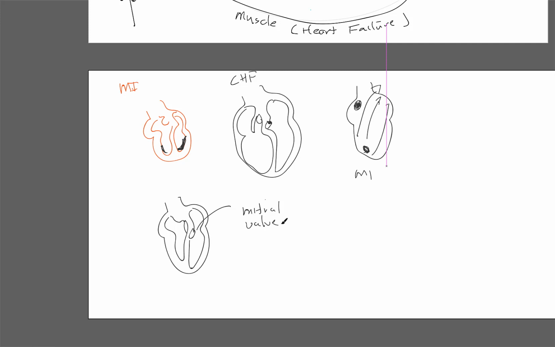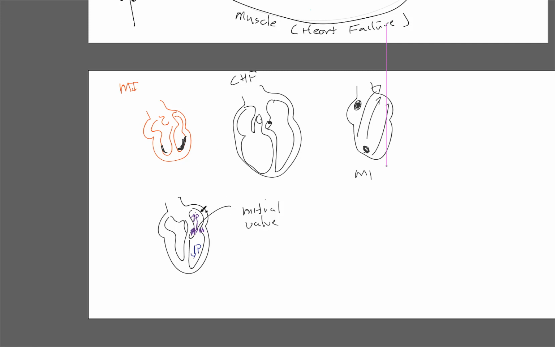It seems like a small thing, but it's not a small thing if you understand the purpose of the valve. So first of all, if this pinches because there's stenosis, then that means it's hard for blood to get through here, and it means the pressure is going to build up right there. And then also, since the blood can't get through to here, the pressure is going to go down here.